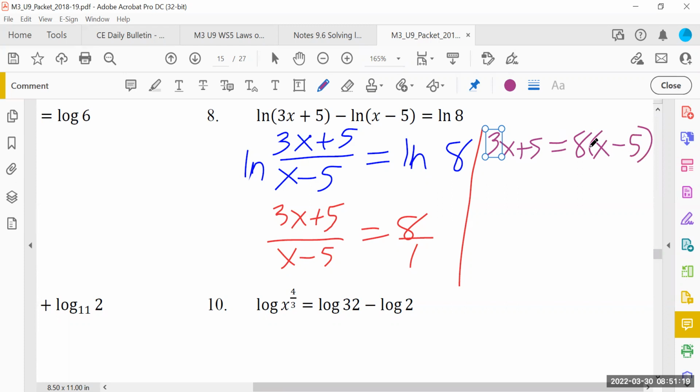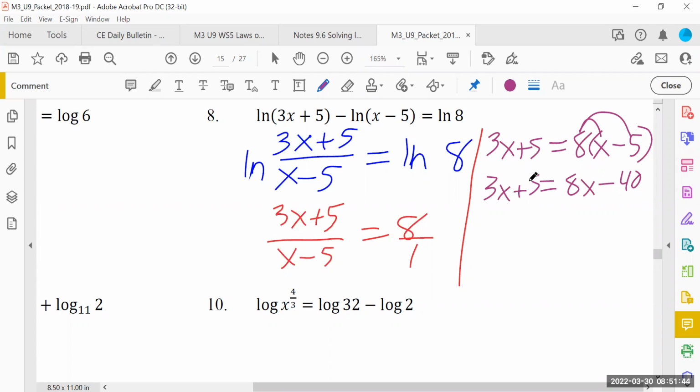Now it's like a 3-step problem. Brian, what would be my next step for solving this? X or 8? Yes, okay. So 8 times x, 8 times -5. Now there's a couple ways you could do this in a couple of different orders.